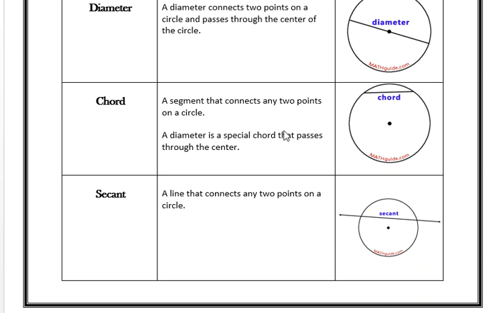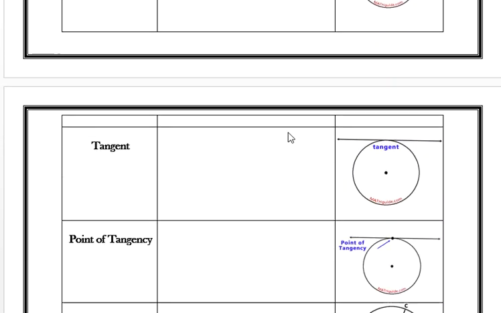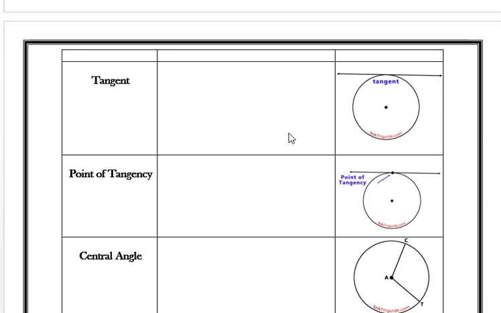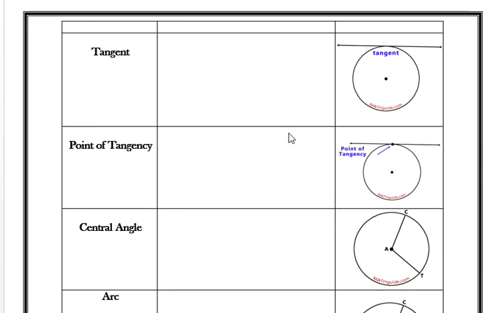Let's continue on and look at a few more important terms. The next one we'll look at is a tangent. Once again, you can see a tangent is a line because it continues on in opposite directions. And a tangent is very specific.